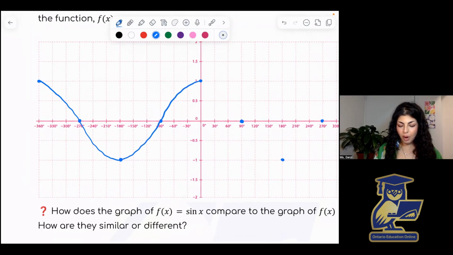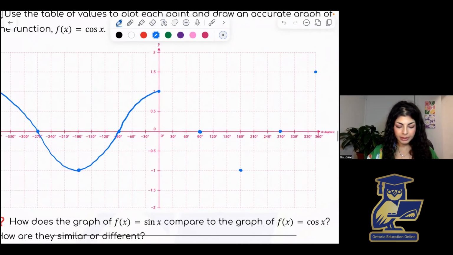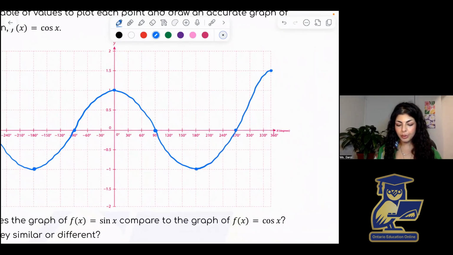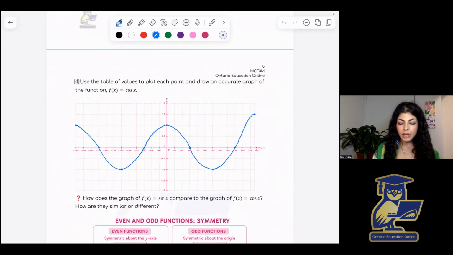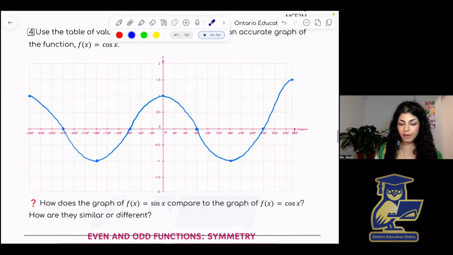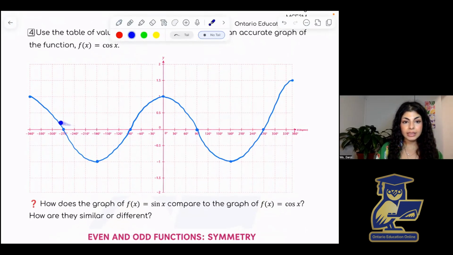and consider now again properties of this graph: the period of one cycle, the amplitude, the equation of the axis, the maximum, minimum, and also how it is similar or different from the sine function. So right away I can see this is actually a symmetrical function because every value on this side is the same on this side.